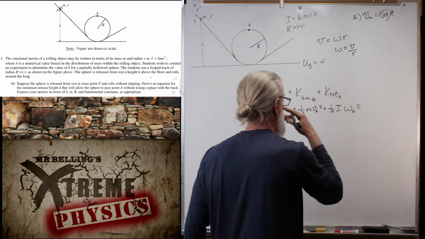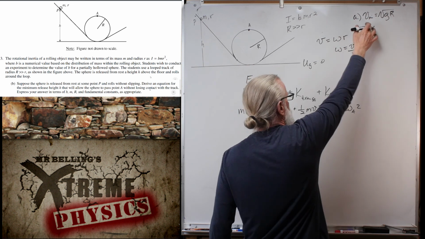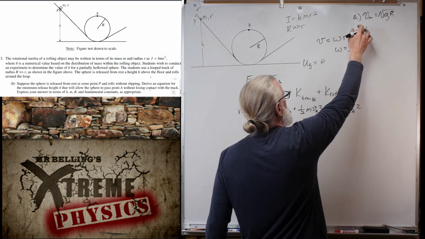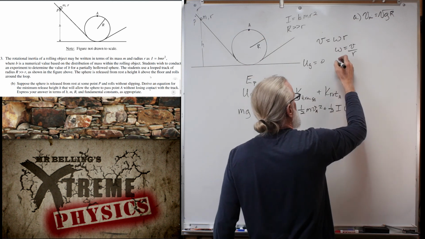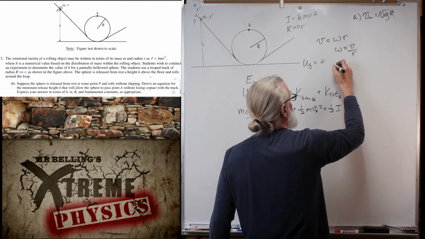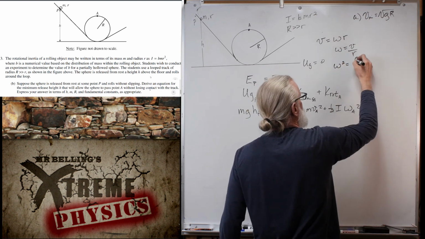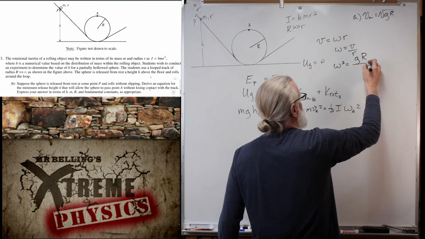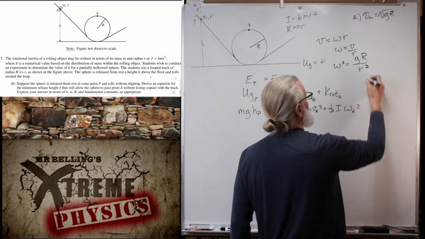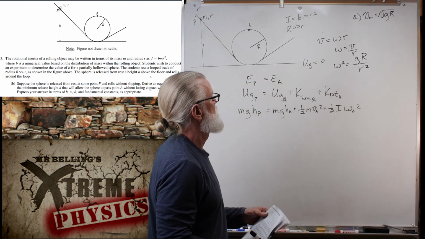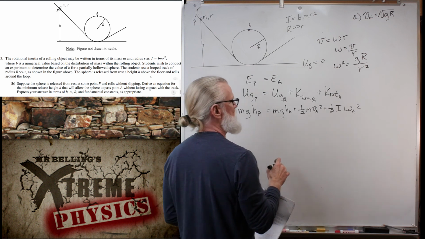We're going to plug this in because this is going to need to be our speed. That's our speed at A. Omega squared is going to be v squared over r squared, which is just g R divided by little r squared. So let's see what we got here.